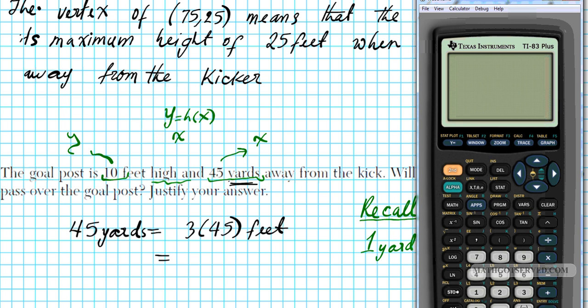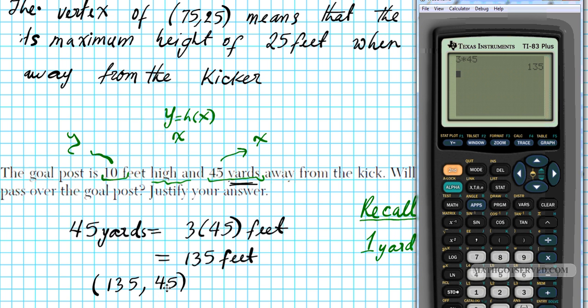Everything is in terms of feet. So if there's another unit that's introduced, you have to convert it to the universal unit that's being used for the model and the measures in the problem. So 45 yards is 135 feet. Okay, so we have the points x coordinate 135 and y coordinate 45.